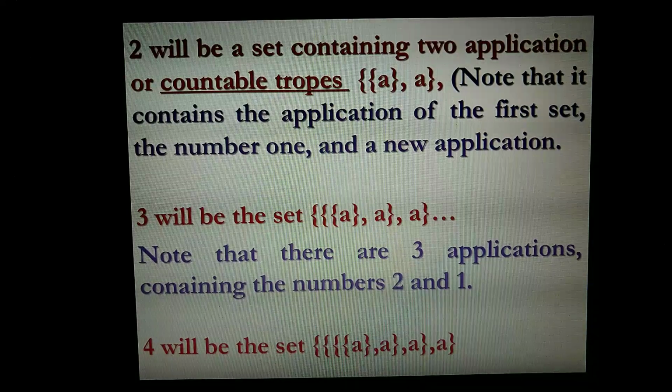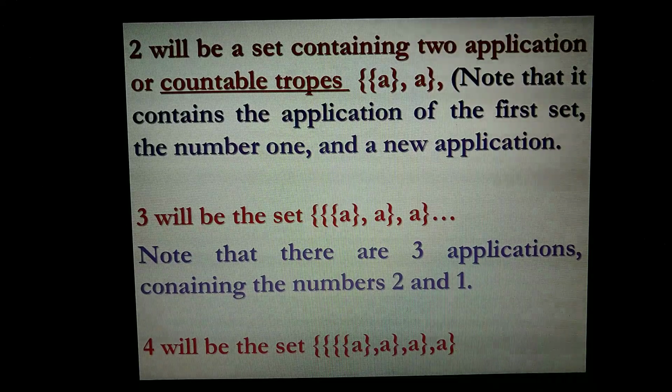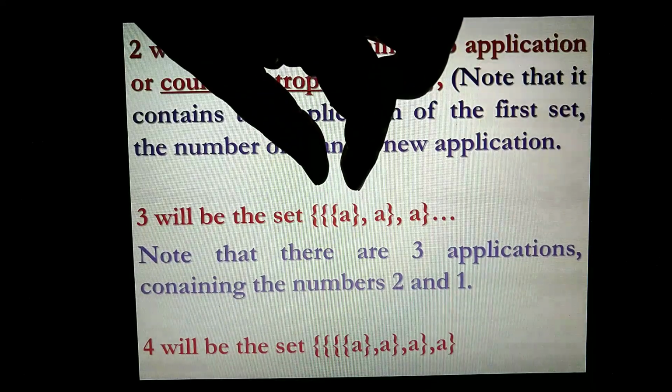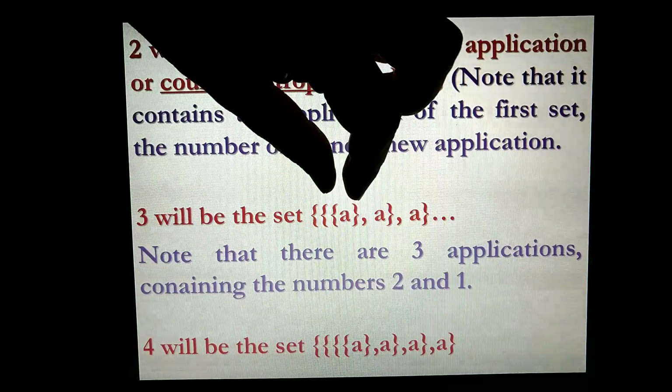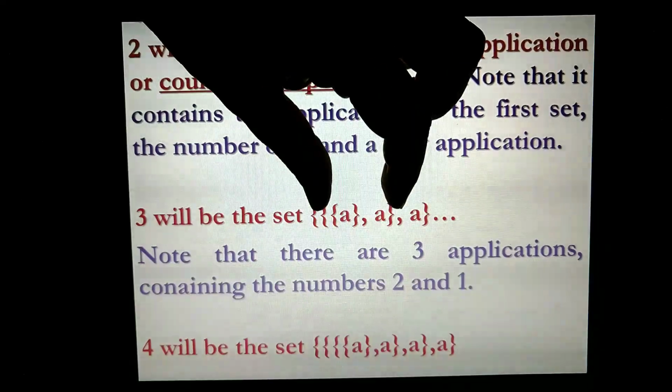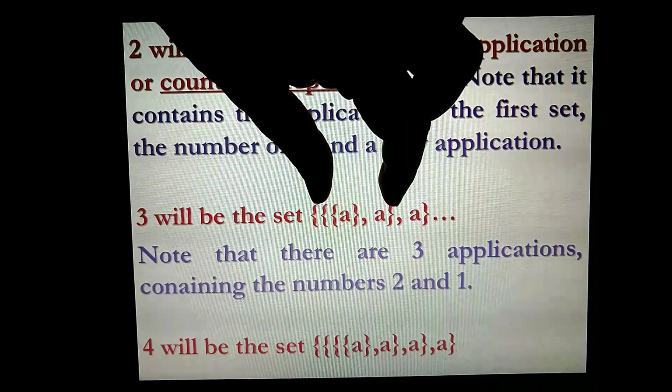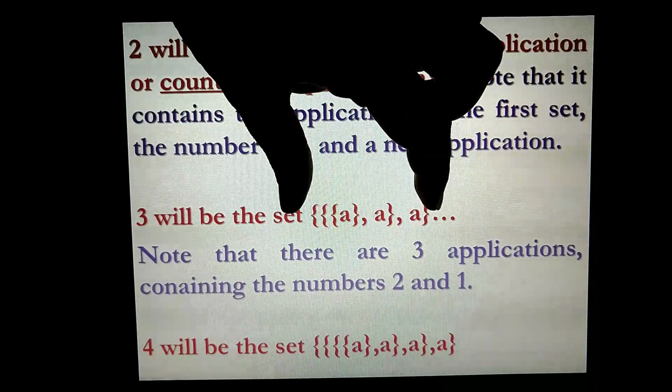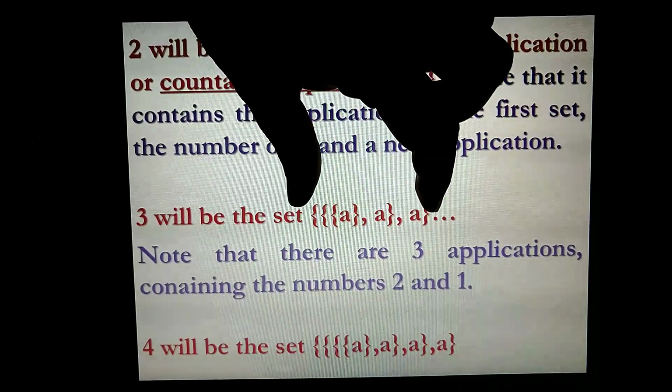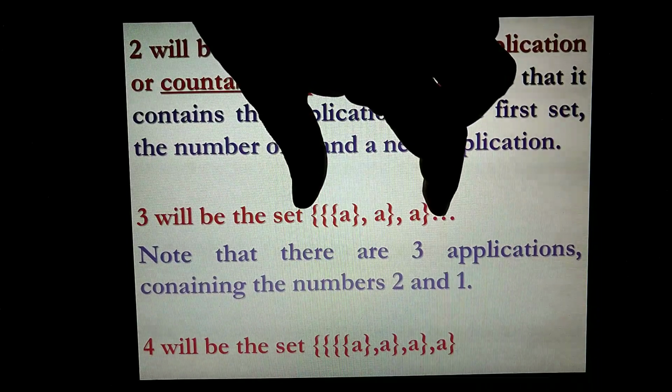Note that it contains the application of the first set, the number 1, and a new application, which we count as 2. 3 would be the first set for the number 1, and 2, the new application, and 3, the last application.